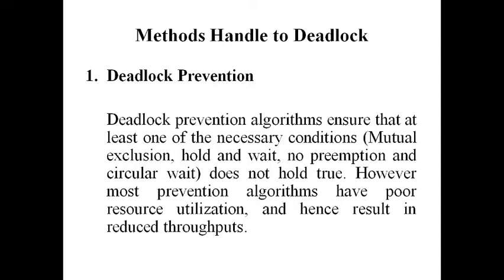Deadlock prevention algorithms ensure that at least one of the necessary conditions does not hold. In the last videos we discussed the necessary conditions of deadlock. What are those? Mutual exclusion, hold and wait, no preemption, and circular wait. These are the four necessary conditions.